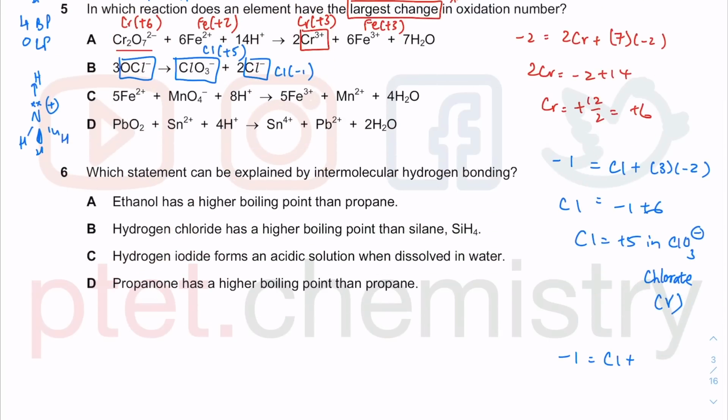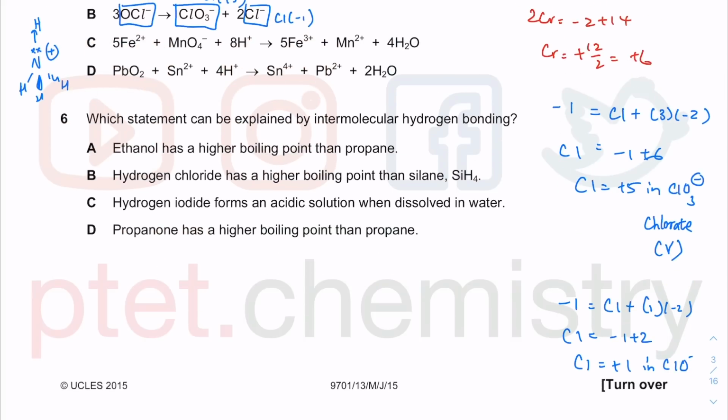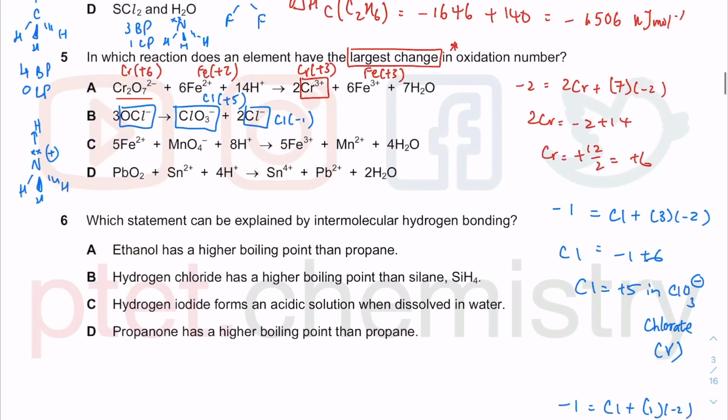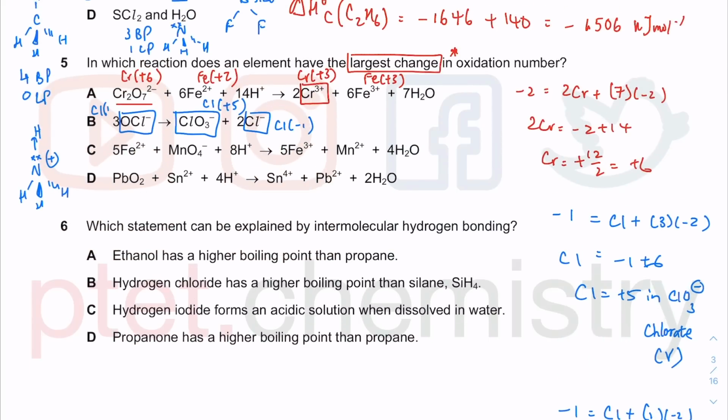Chlorine plus 1 times minus 2, with minus 1 overall charge of the ion, minus 1 is the oxidation state of the ion. So you get chlorine of plus 1. This is in ClO minus. This is called chlorate(I). So what you have there is chlorine plus 1 going to chlorine plus 5 and chlorine minus 1.